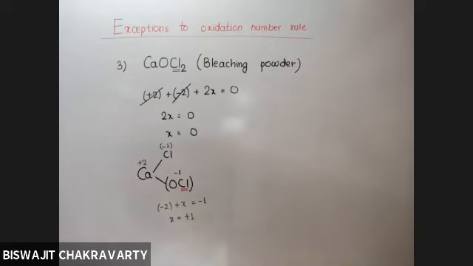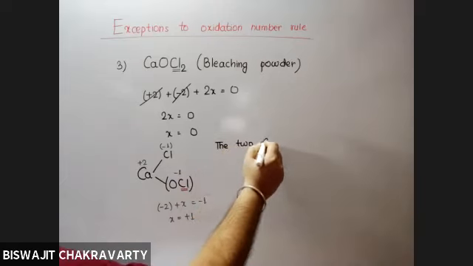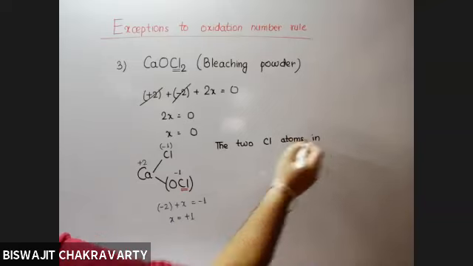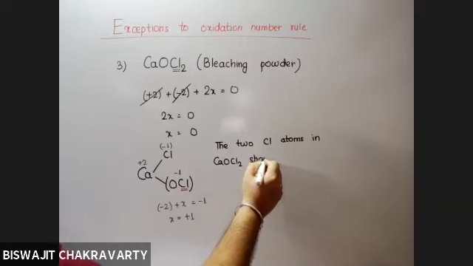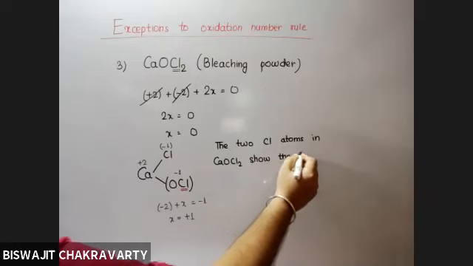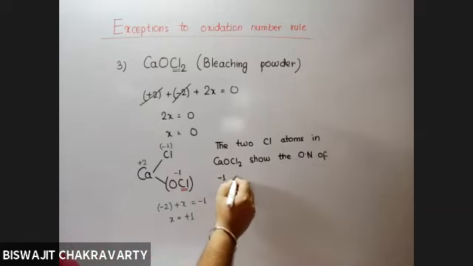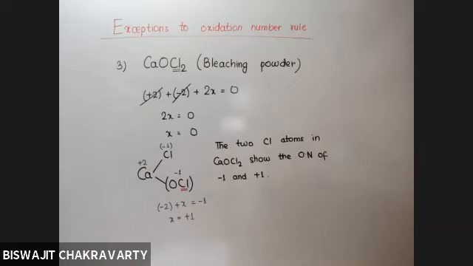So the 2 chlorine atoms in CaOCl2 show oxidation number of minus 1 and +1. So none of them are 0. Clear? Yes, sir. Okay.